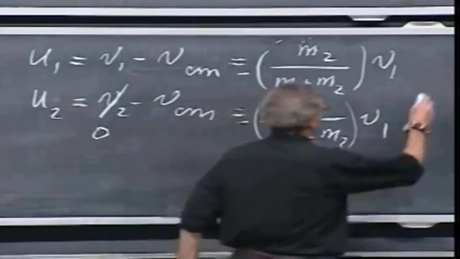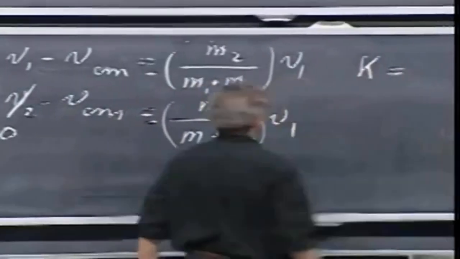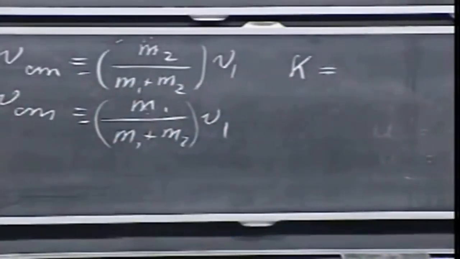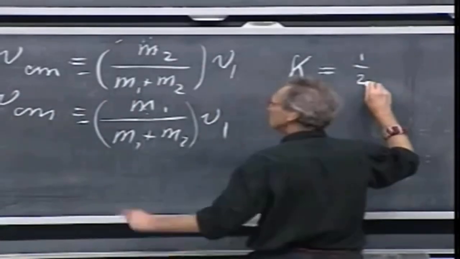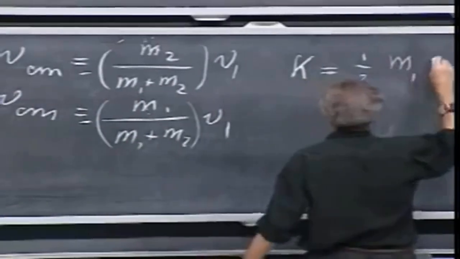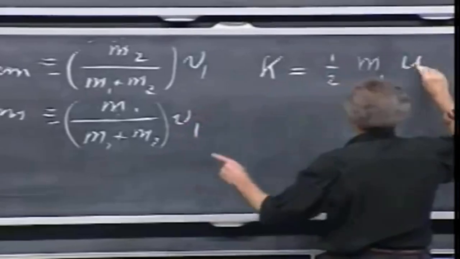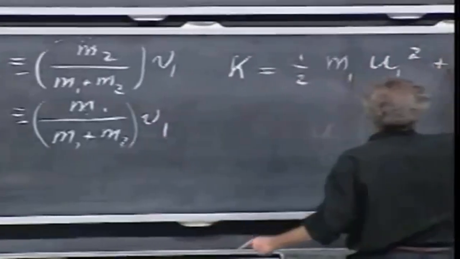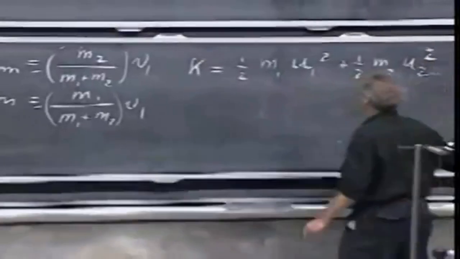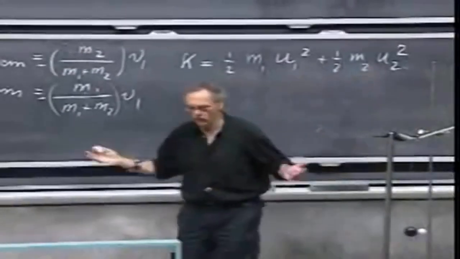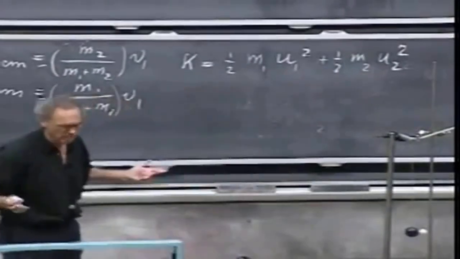Now we are going to calculate the kinetic energy in the center of mass frame. Well, that equals 1/2 of M1 times U1 squared plus 1/2 M2 times U2 squared. That's all we have before the collision occurs.